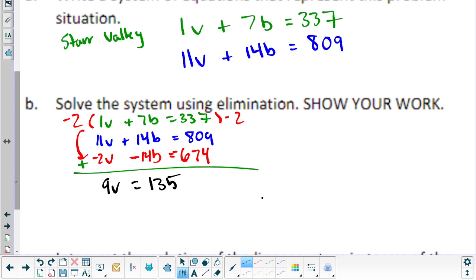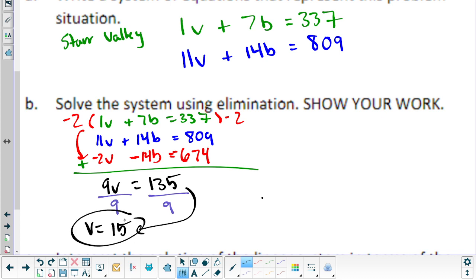Let me double check that 337 times 2 is 674. Okay, it is. And now I know that 9 vans can carry 135 students, which means if I divide both sides by 9, I can see that 1 van, 1v, can carry 135 divided by 9, which is 15. So I know that each van carries 15 students.